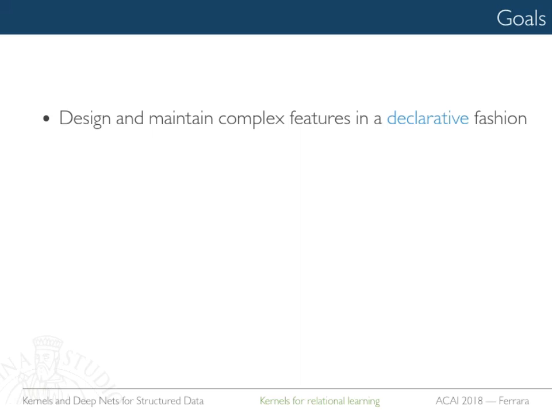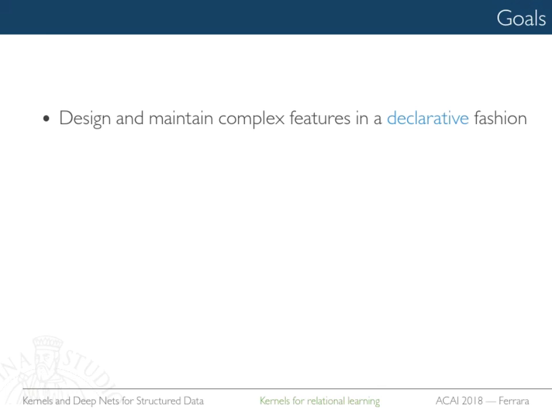So if you like Prolog and if you know how to do things in Prolog, what you can do is not only declaring your problem, but you can also declare your background knowledge about the problem. That's a good thing, because with these kernels, as I said at the beginning, if you don't have enough background knowledge, you don't know which features are important, you don't know exactly what to get out of your graphs, what is the best way of doing the comparison between graphs.